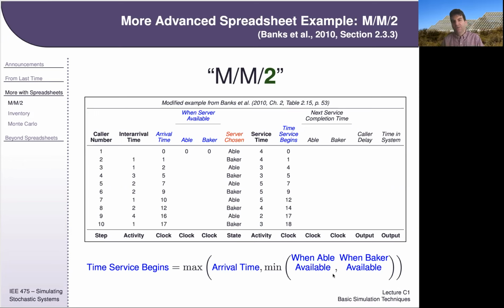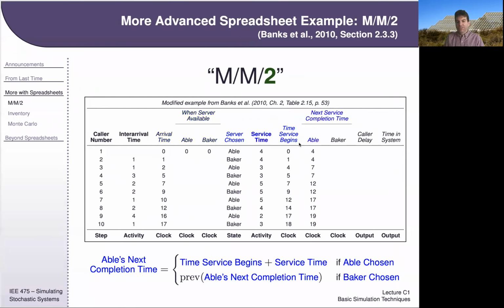But if the caller arrives after Able and Baker are available, then we have to take the arrival time, because Able and Baker became available and then had to wait on the caller. So this max allows for the servers to be idle. It provides for that kind of waiting time. And so that formula, time service begin, is going to end up synchronizing the arrival times and the service ending times.